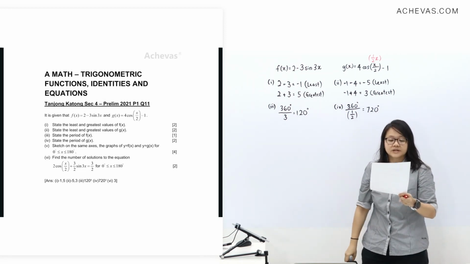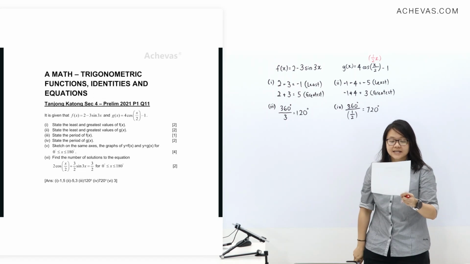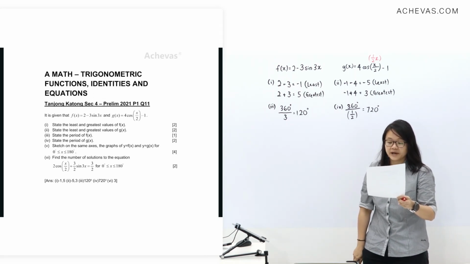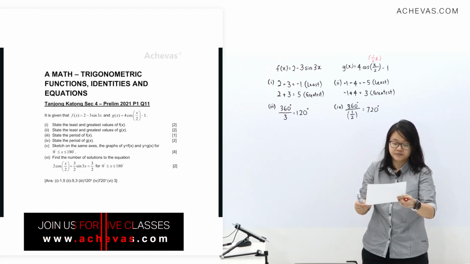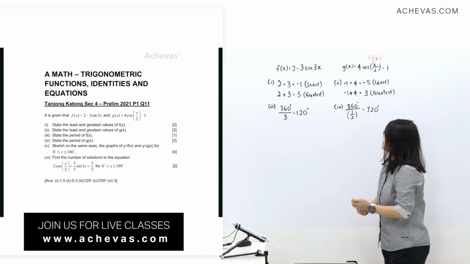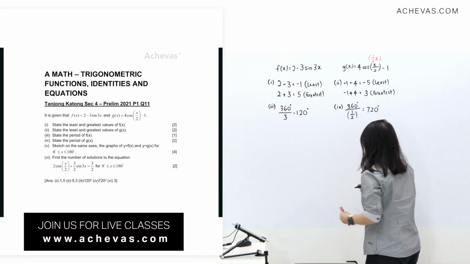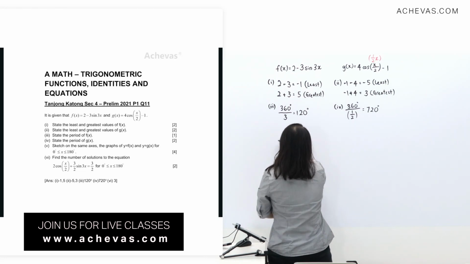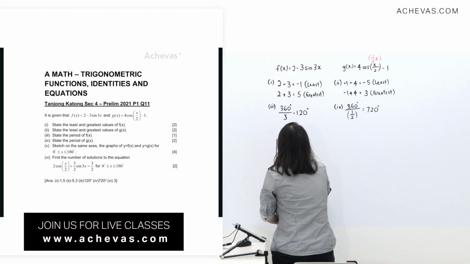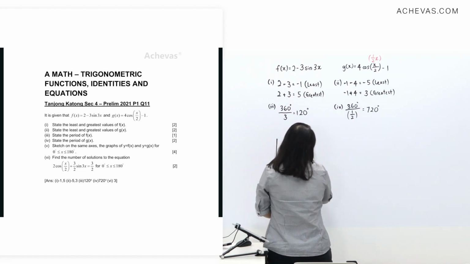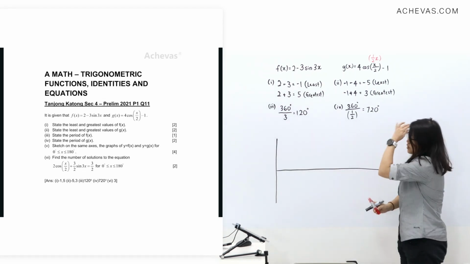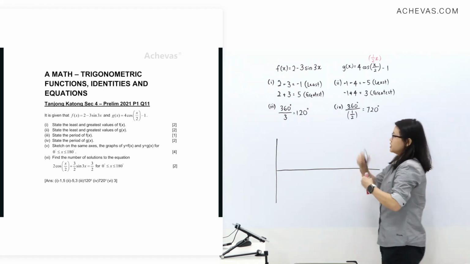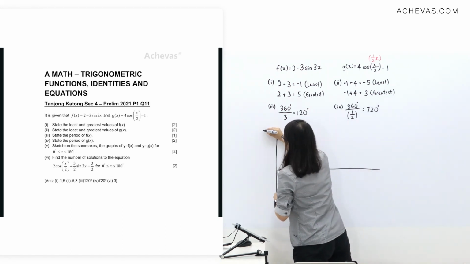Okay, moving on to question 5. Sketch on the same axis the graphs of y equals f(x) and y equals g(x) for 0 to 180 degrees. We are going to use the information above, which is very useful. That's why I left it there just now.